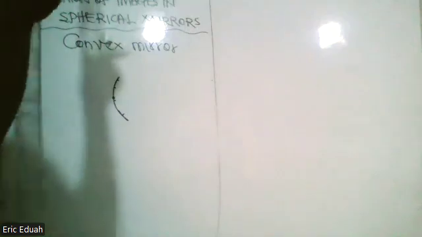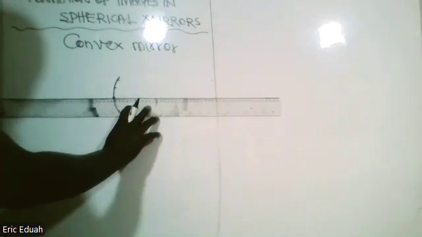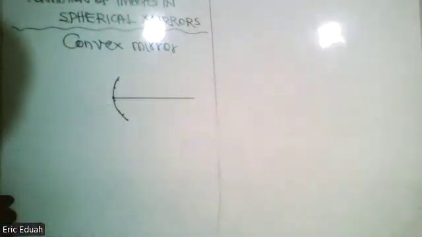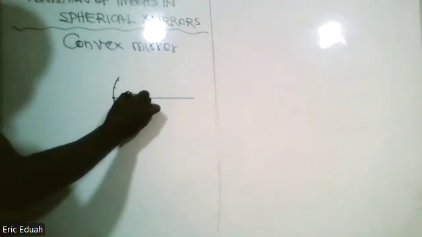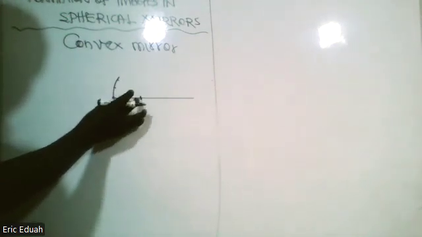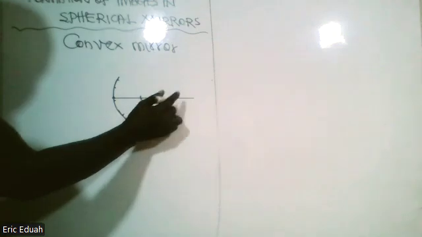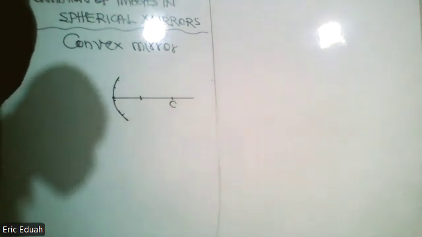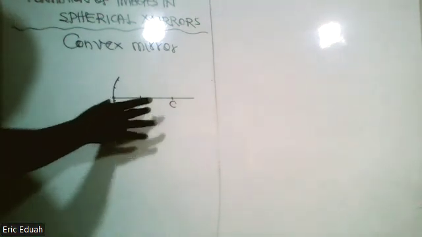Okay, so the principal axis. The virtual principal focus is here. So from the pole, you need to measure this distance. And then the virtual center of curvature. You need to measure with a ruler. I'm just estimating.